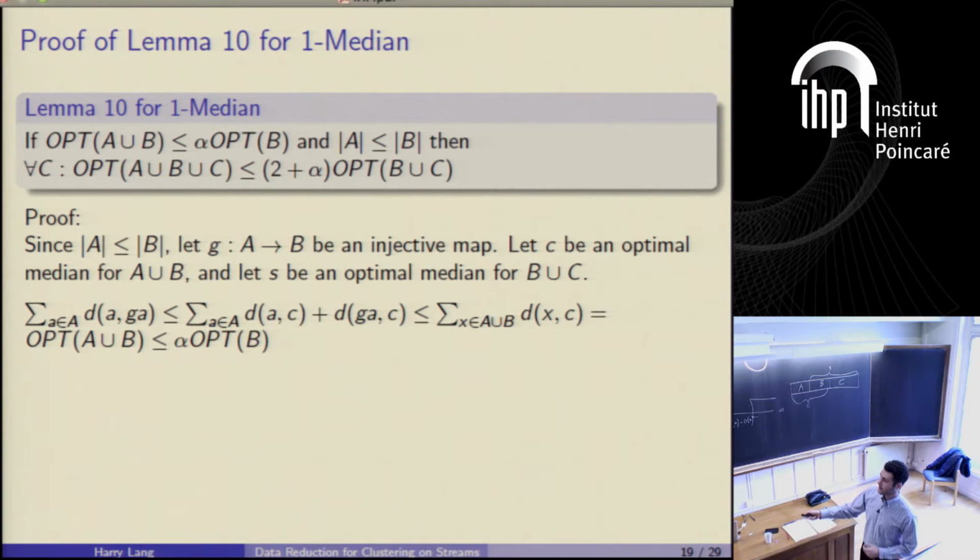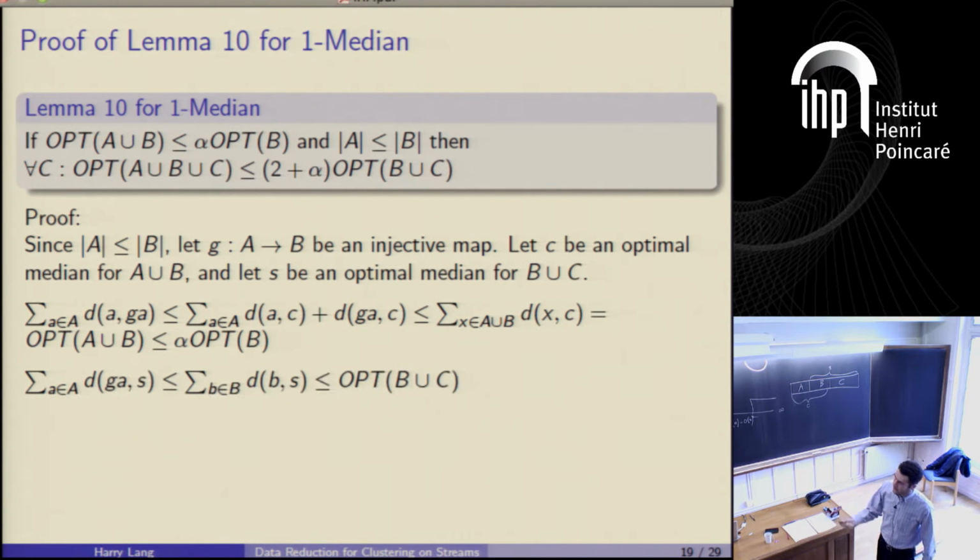And this is, of course, less than the cost of OPT A union B, because here I'm saying connecting all the things of A to the center, and connecting all the representatives to the center, but all the representatives are going to be some subset of B. So if I connect them all, that's even bigger. So it's OPT A union B, which, by assumption, is going to be less than alpha OPT of B.